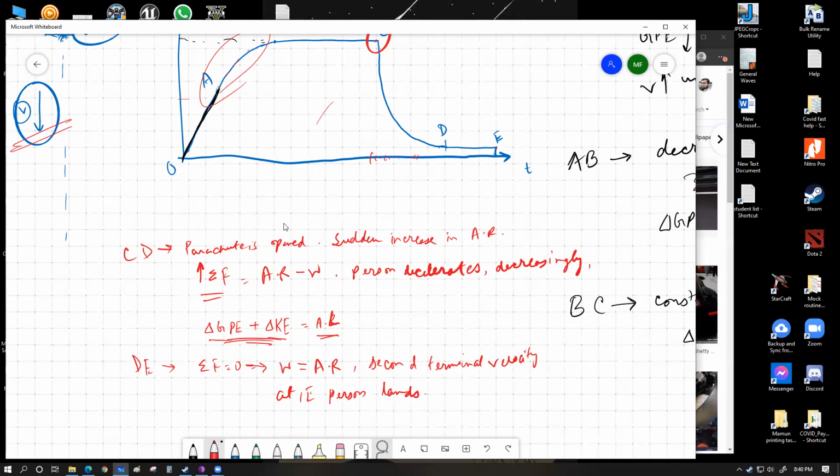Any part of the VT graph being vertical means what? For that segment, no matter how small that is, the acceleration of the object is infinite. You cannot have infinite acceleration. Objects will always have some measurable mass. If you want F equals to ma, if you want to get an infinite acceleration, you need to provide an infinite force. You simply cannot get infinite acceleration.